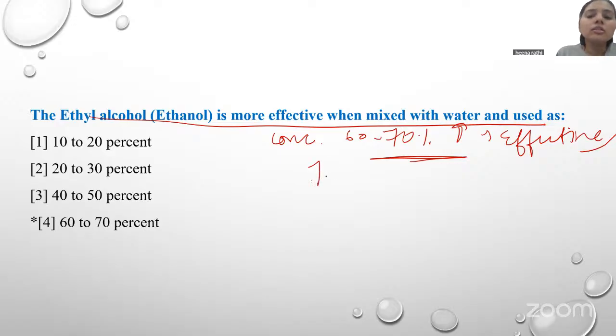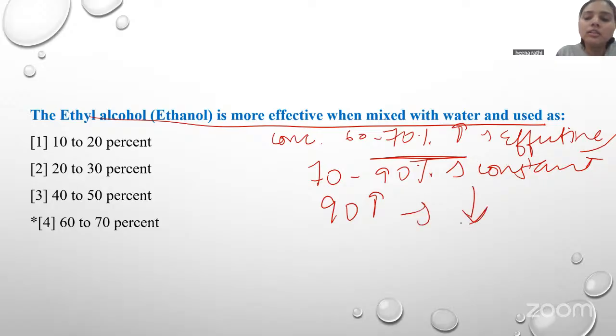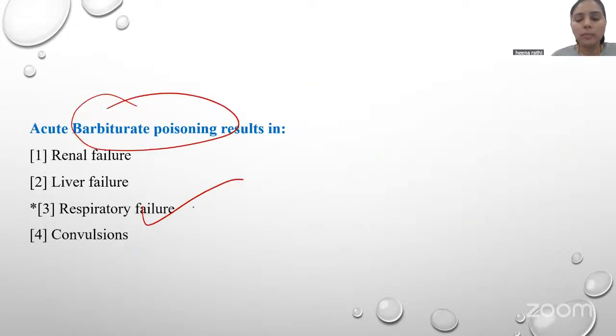When the concentration is between 70 to 90%, the effect is constant. Above 90%, their effectiveness decreases. So it is more effective when mixed with water at 60 to 70%.